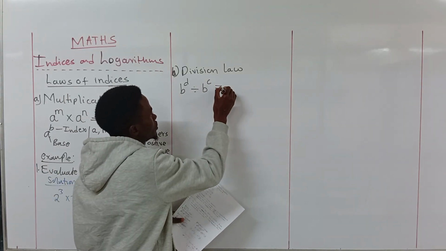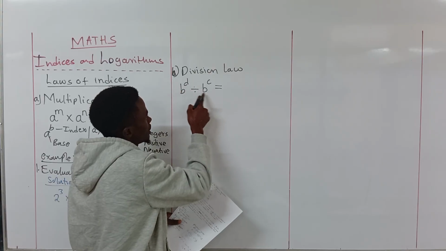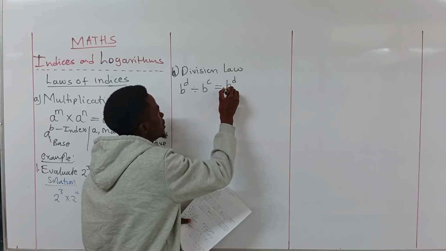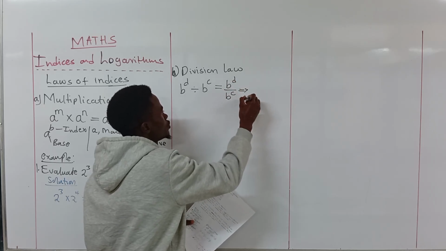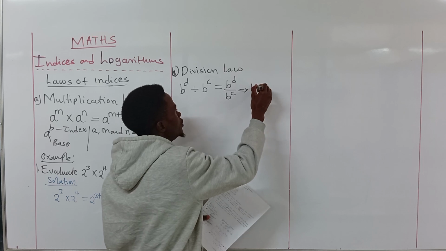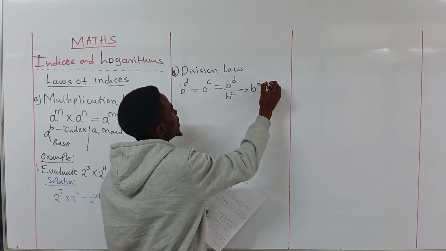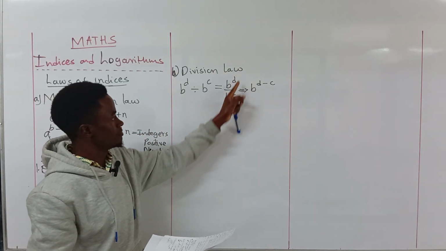So in this case, you are going to realize that b power d divide b power c is the same as b power d divide b power c. And the solution is going to be b raised to d minus c.